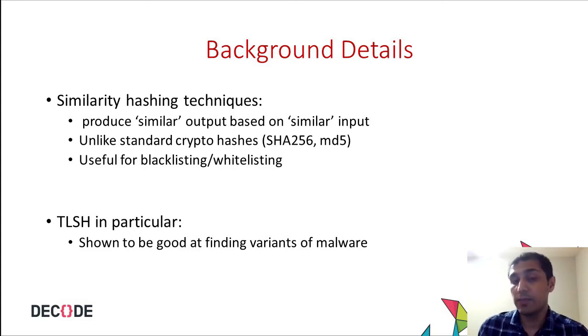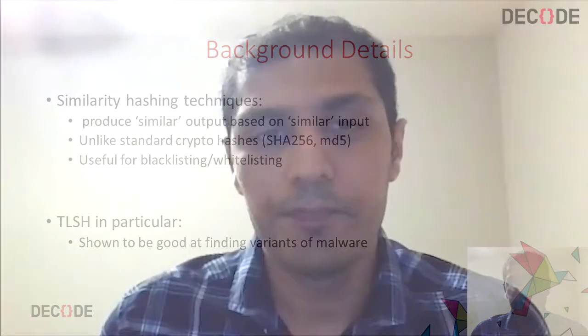And you can apply the same technique to build an effective whitelist approach. This work will mainly focus on TLSH, which has been shown to be particularly good at detecting variants of malware.